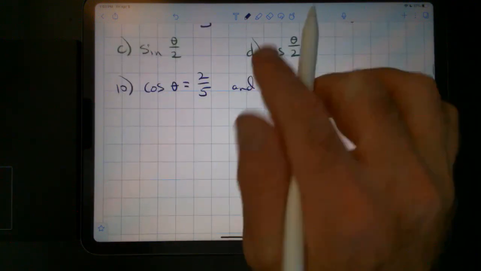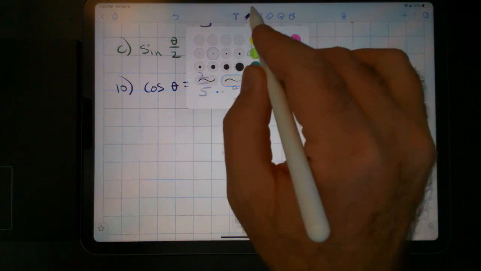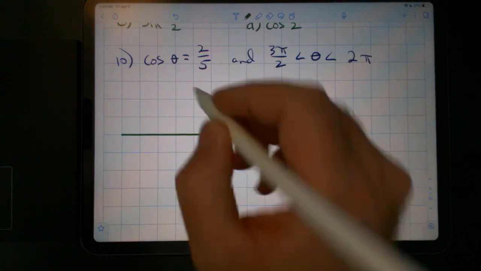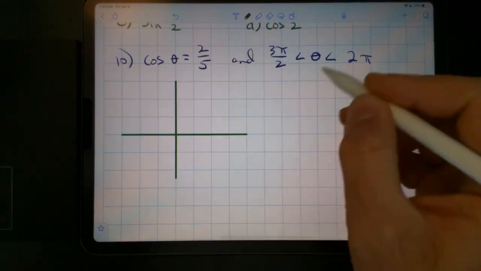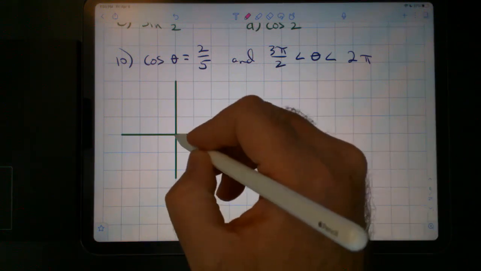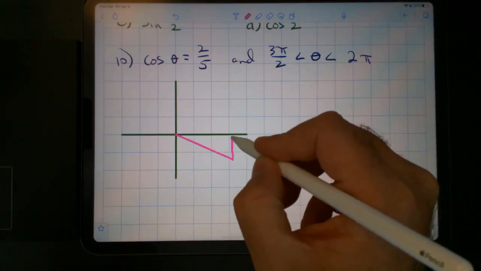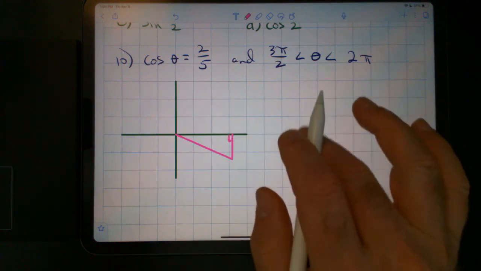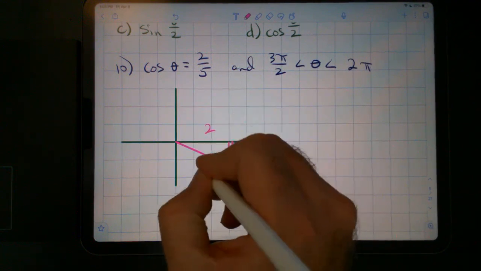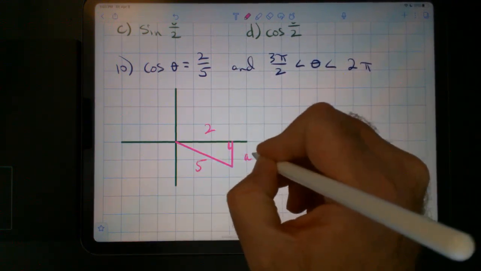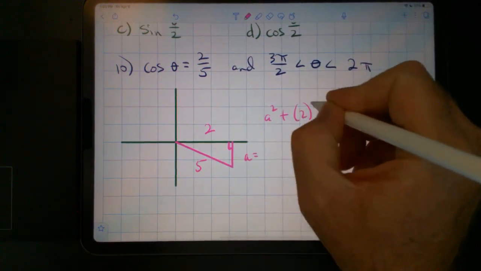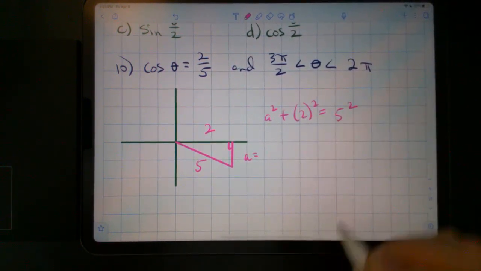So let's draw a sketch here so that we can get a complete triangle. So we're in quadrant 4. Cosine is 2, our hypotenuse is 5, so we have a squared plus b squared equals c squared.